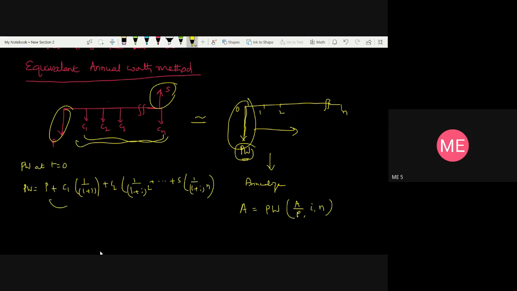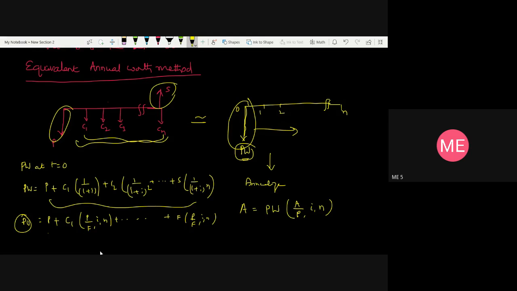Using this equation, or I can use the factors also, P by F, comma I, comma N, for each cash flow. Likewise, this is for present worth calculation.